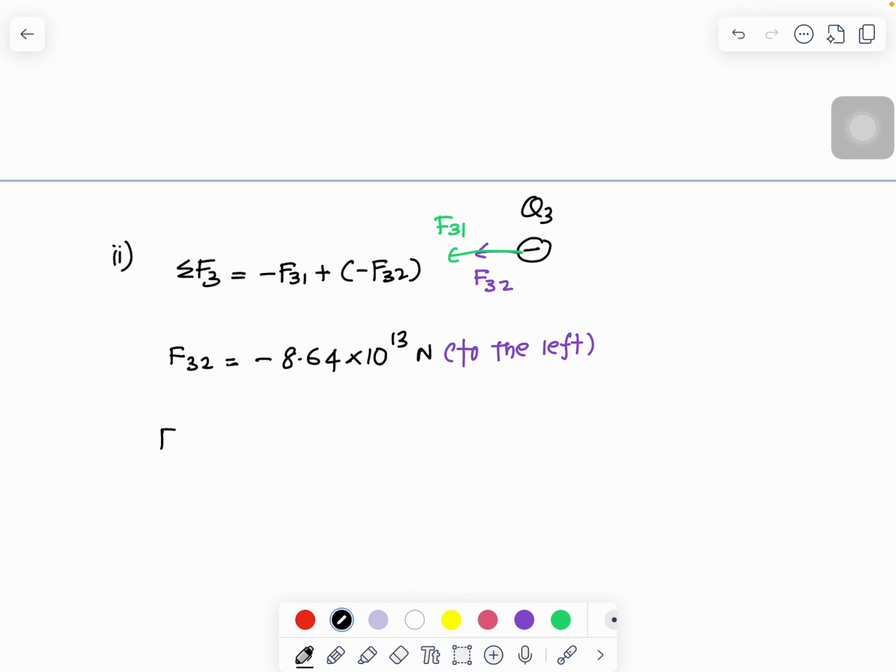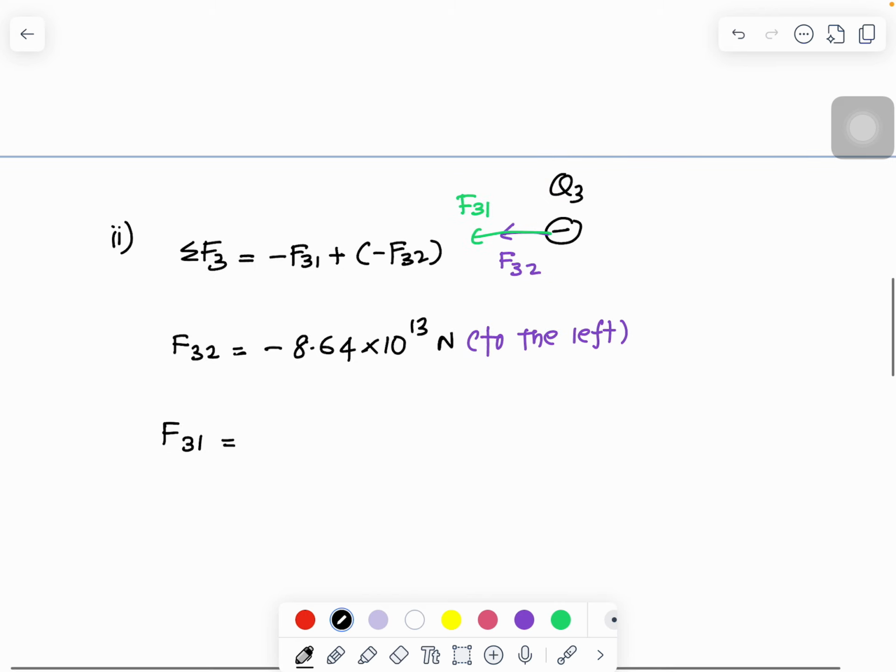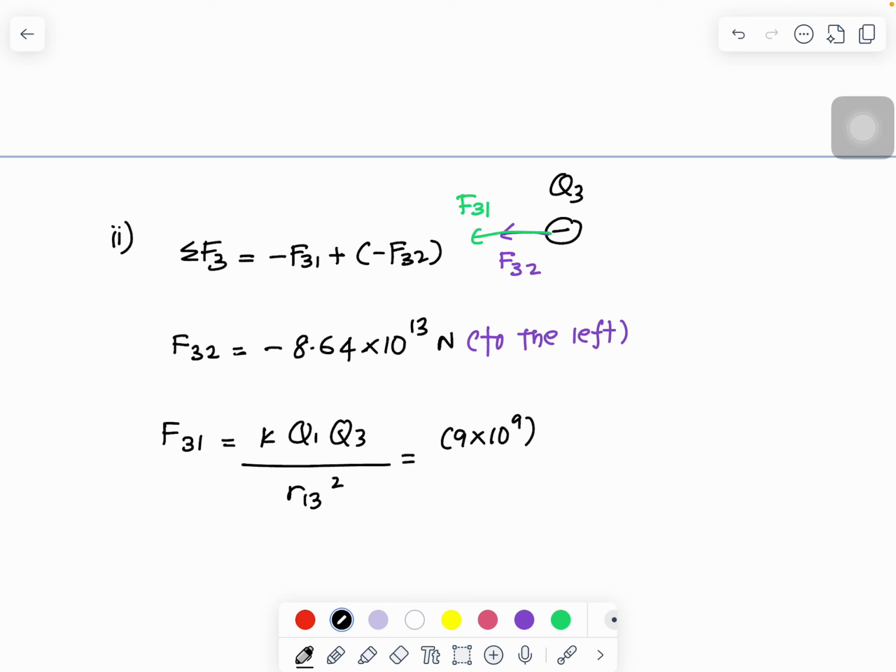And also wajib tulis dia punya negative. Okay, lepas tu kira F31. Okay, F31 kita belum kira lagi. So, okay, Q1, Q3, R13 square. Dan masukkan value. Okay, Q1 is 2, Q3 is 6 coulomb.